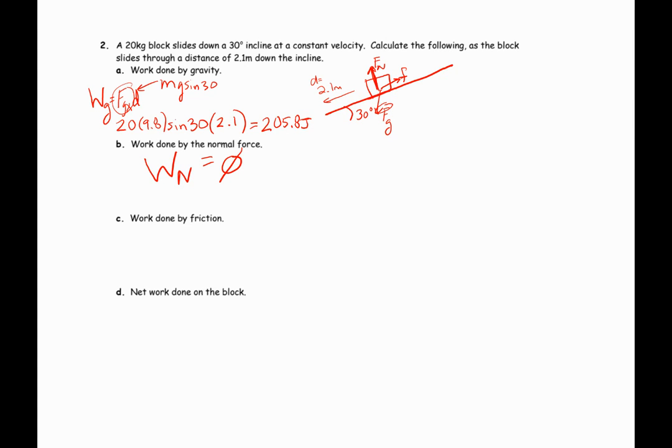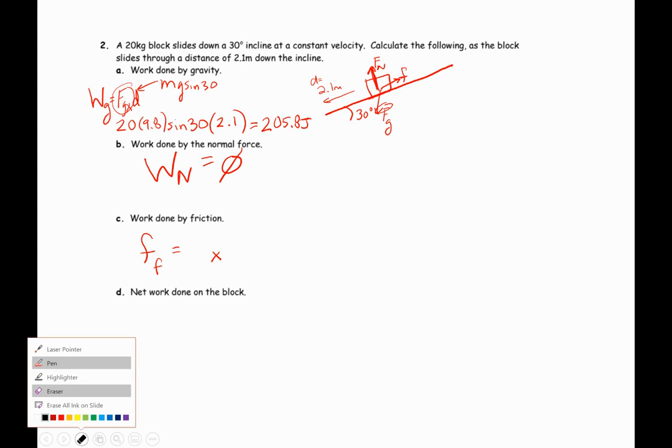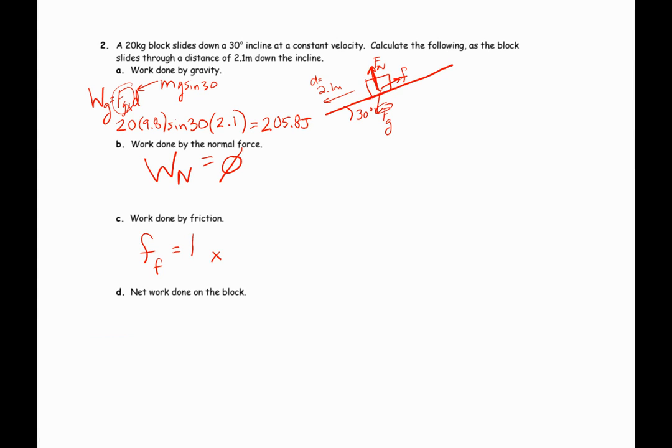Okay. Now the work done by friction. Well, what is our force of friction? Our force of friction in this case is equal to our force of gravity in the x direction. I'm changing the W for weight to a force of gravity, because we have W for work. And the reason for that is because it's moving at constant velocity.